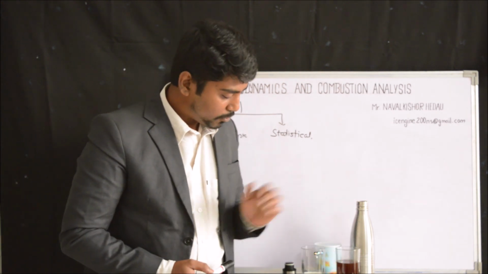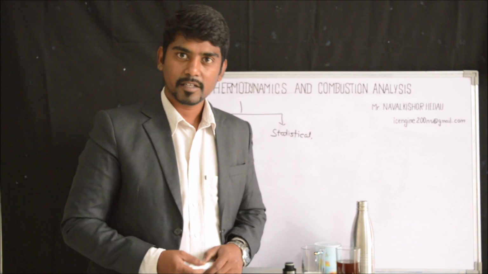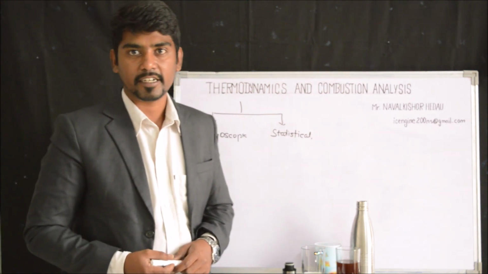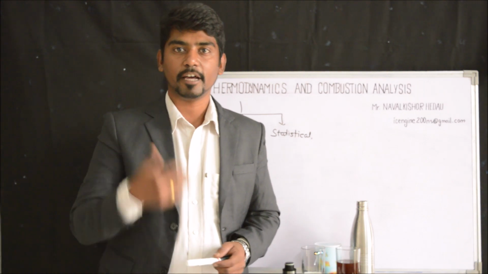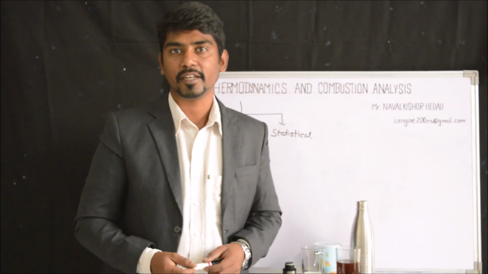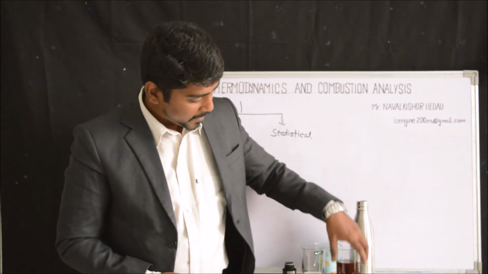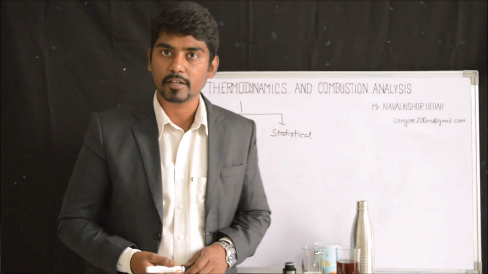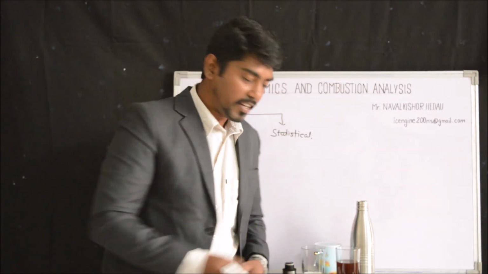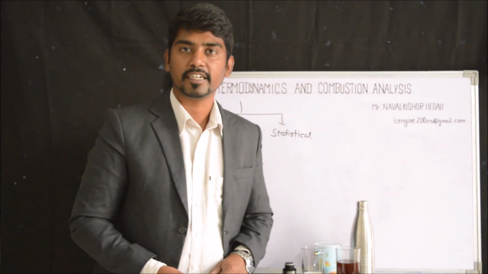Now black tea consists mostly of the powder of the tea and water. The specific heat capacity, another concept from thermodynamics, is nothing but the amount of heat required to raise the temperature of 1 kg of the substance by 1 degree Celsius. So the specific heat of water is more than the specific heat of milk. This is 4.187 kilojoule per kg Kelvin and this is 3.8 kilojoule per kg Kelvin.